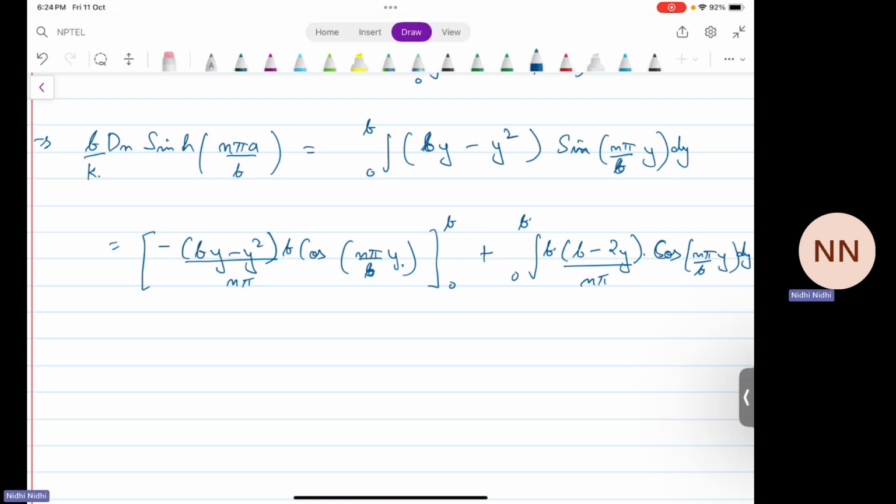So we can see that once we put the limit y equals b, this is 0, y equals 0, again 0. So the first term vanishes. We are left with b by n pi.